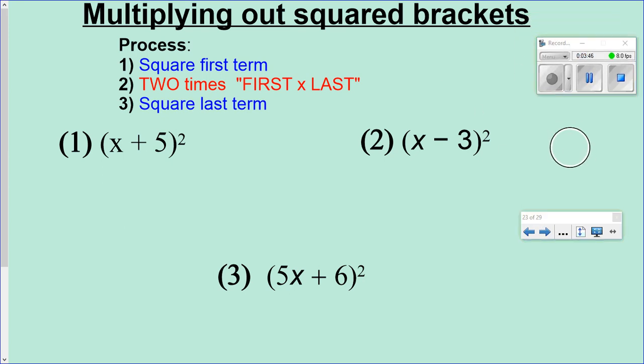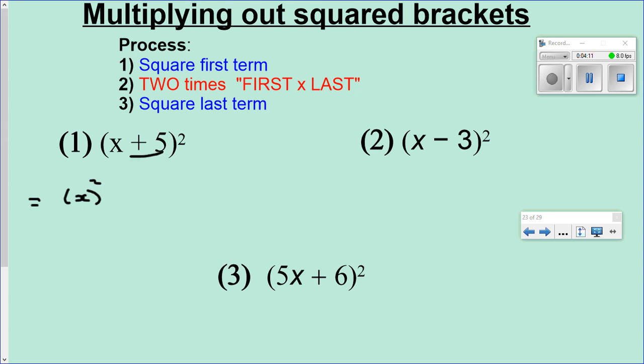Now, when I write my actual working out underneath, I'm going to put a middle line just so that you can kind of see the process, but you don't actually have to do it yourself. So our process is going to be first, for number 1, square the first term. So my first term is x, so I'm going to do x all squared. Then we're going to do 2 times the first times the last.